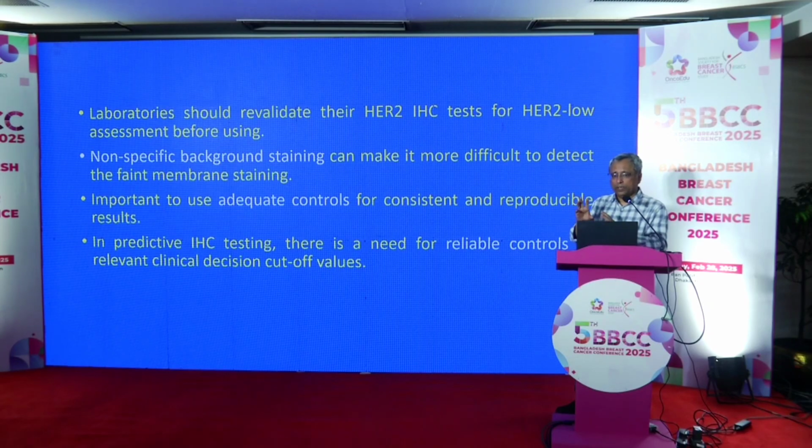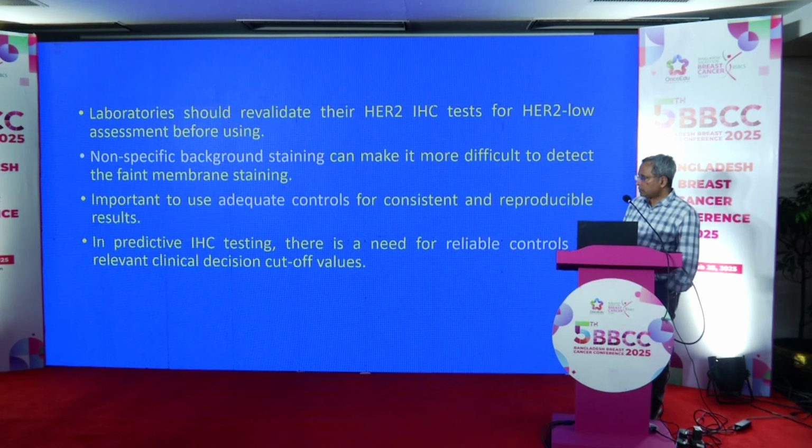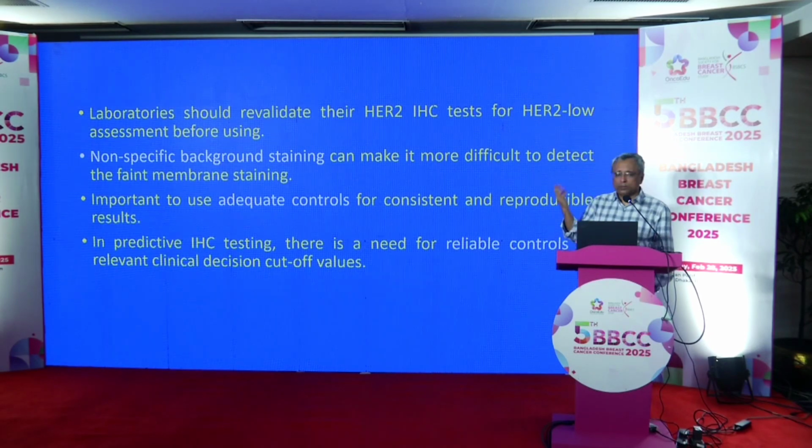So it's good to have very good controls. You should choose a variation of HER2 from negative, low, equivocal, and strongly positive. They should ideally be on the same slide, so that you can compare side by side. So this is about controls.